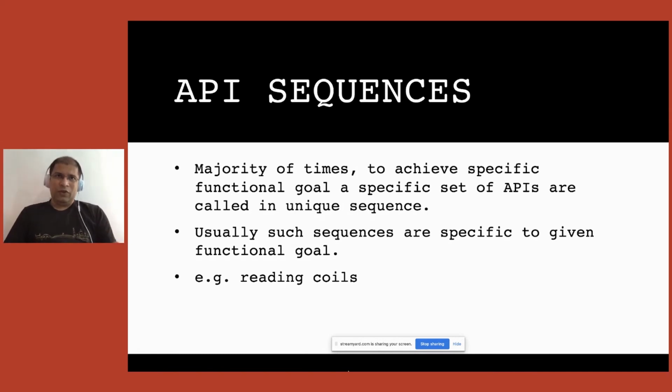In the binaries specific to industrial control systems, we had certain functions isolated, and those functions were calling very specific sequences of APIs. So that gave us another level of confidence that this binary is specific to industrial control systems.